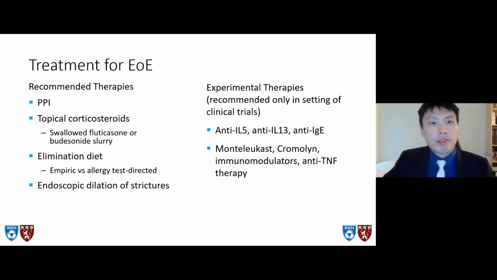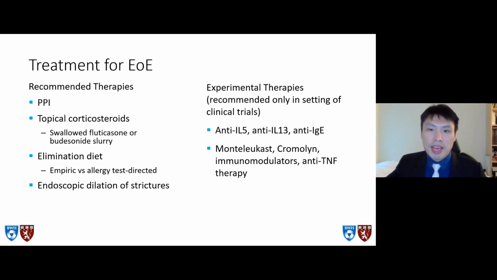There are several main treatments that are proven and recommended for EOE: proton pump inhibitors, topical steroid therapy, including swallowed fluticasone or budesonide slurry, an elimination diet, either empirically or based on allergy testing, and also endoscopic dilation of any strictures that are found. There are a few experimental therapies that are currently only recommended in the setting of clinical trials, including several biologics, such as anti-IL-5, IL-13, and anti-IgE antibodies.